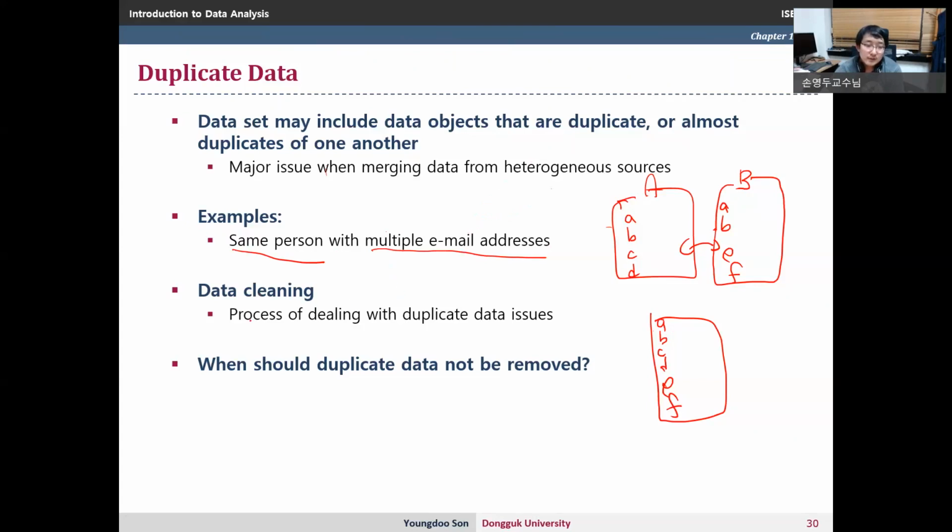The process of dealing with this duplicated data issue is called data cleaning. In data cleaning, we need to remove all the duplicated data points.